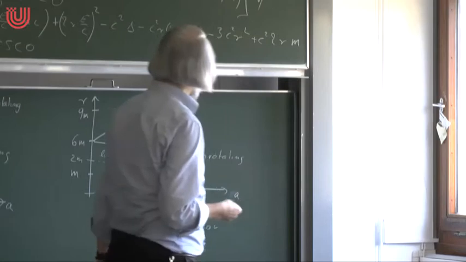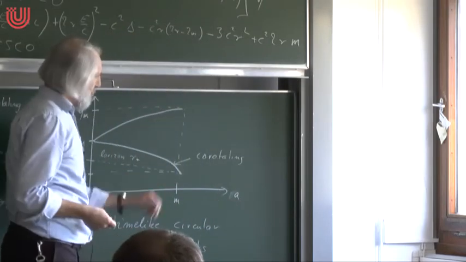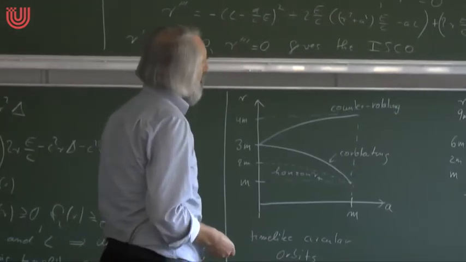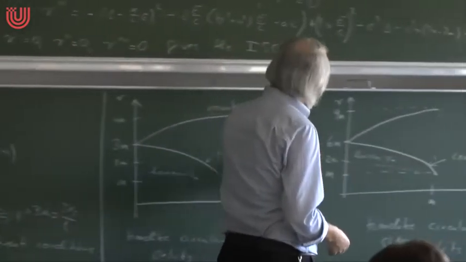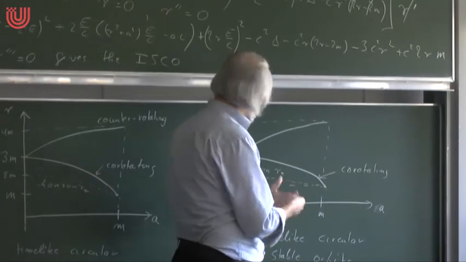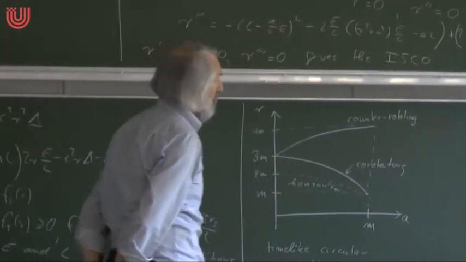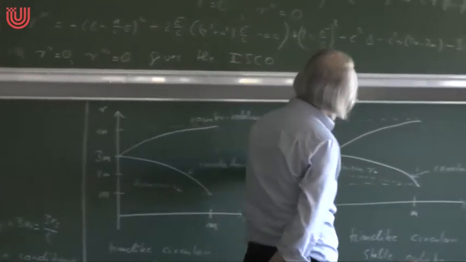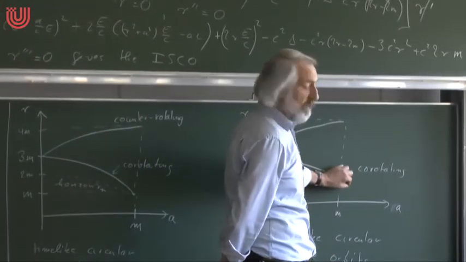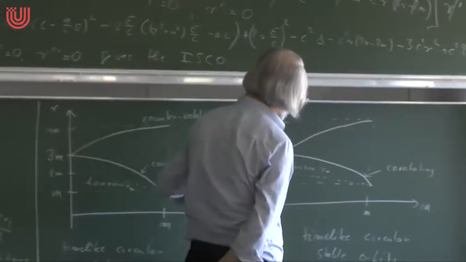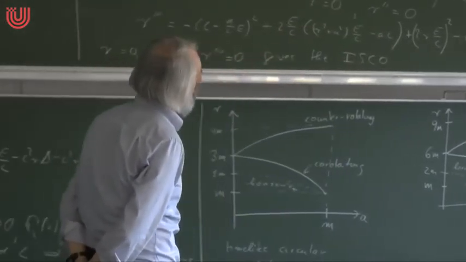So the fact that this approaches the same coordinate doesn't necessarily mean that the distance becomes 0. Actually, the distance stays finite. Although in the coordinates, both things approach the same value m, because the coordinates are pathological, they are not well defined at the horizon.